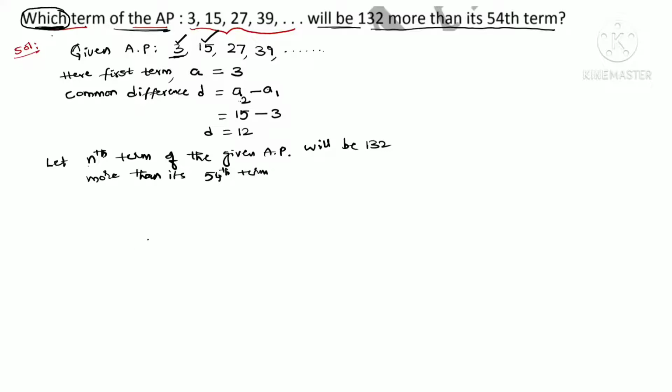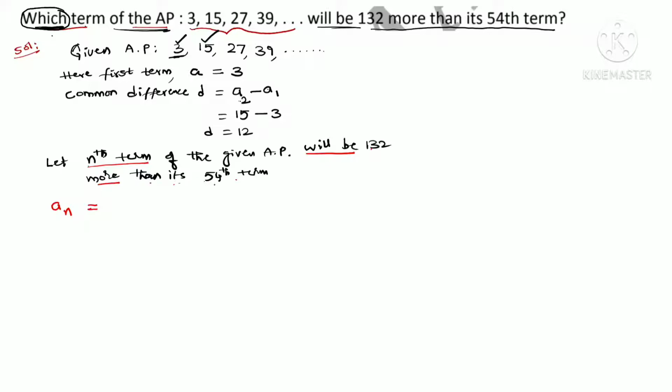So mathematically we have to write this statement. Let us see in what way we are going to write. The nth term is represented by the letter A N. So the nth term of the given AP, instead of will be, I can write equals to 132 more than its 54th term.